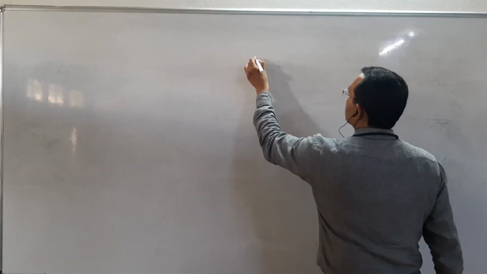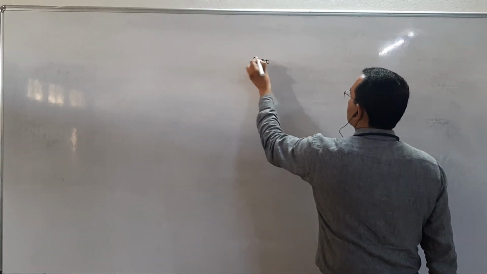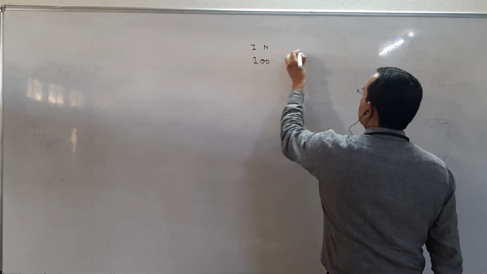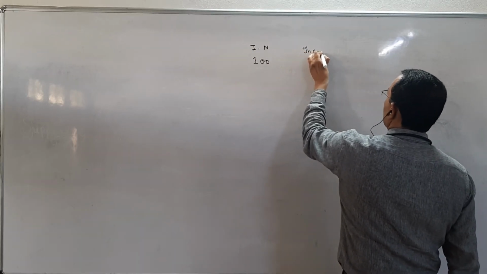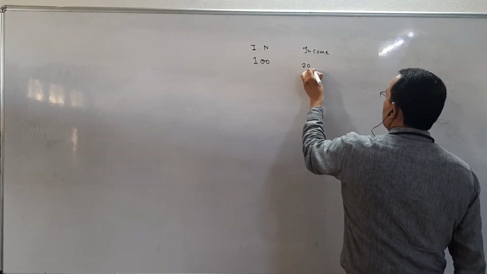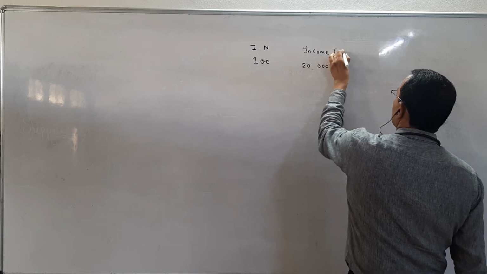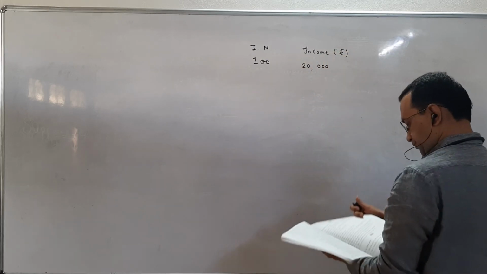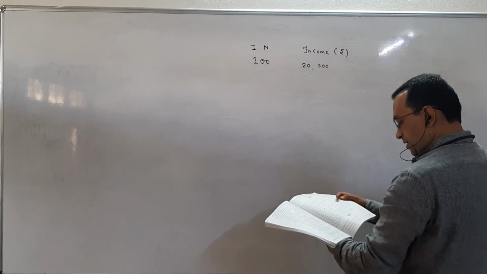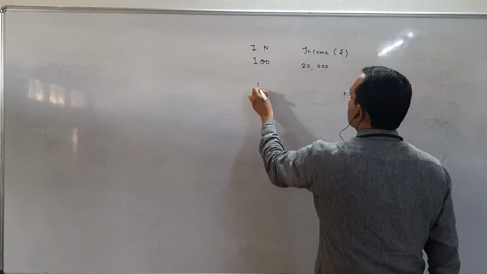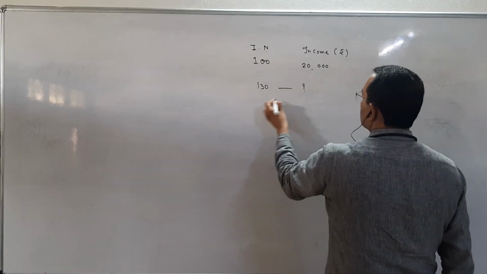In the base year, the index number is 100. At that time, income was how much? 20,000 rupees, which is already given. Then, when the index number changes to 130, what should be the income?